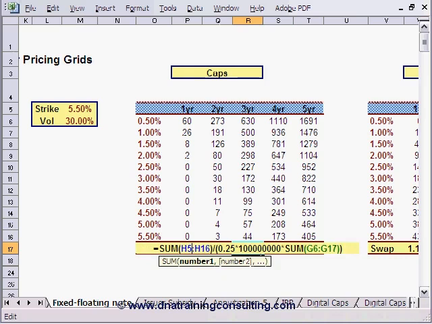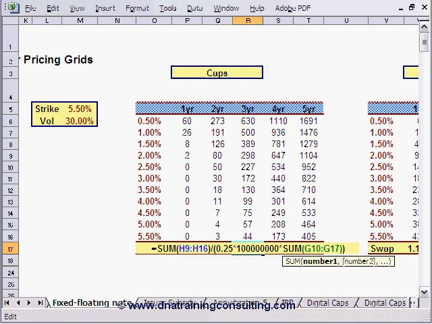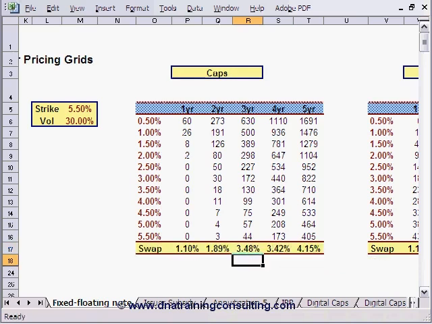Thus H5 becomes H9 and G6 becomes G10, revealing a rate for the desired forward start swap of 3.48%, up from 2.67% previously for the regular spot starting 3-year swap.